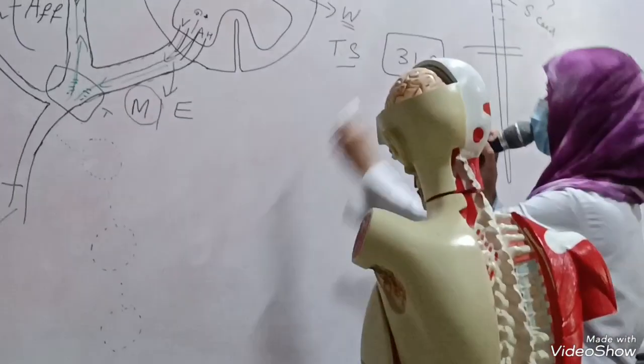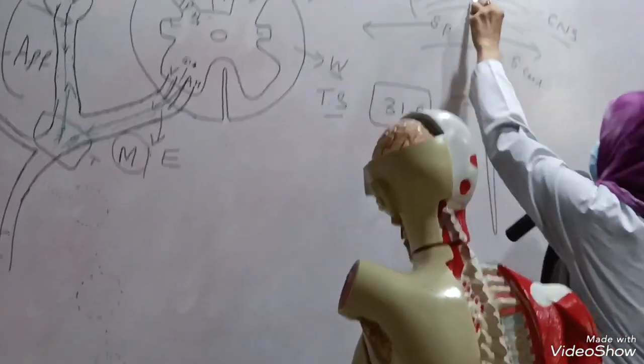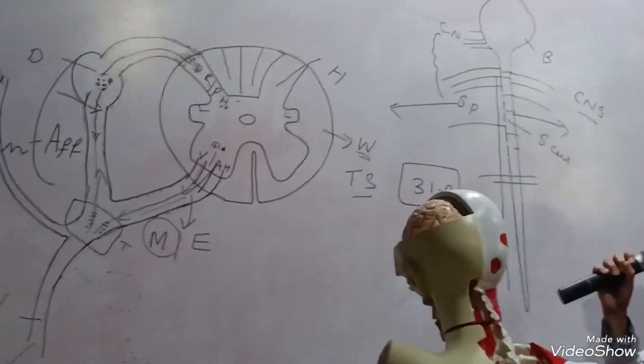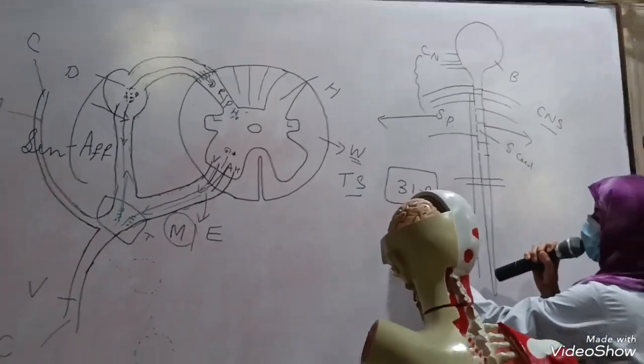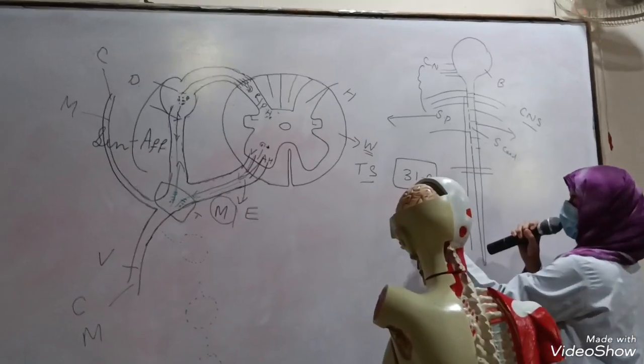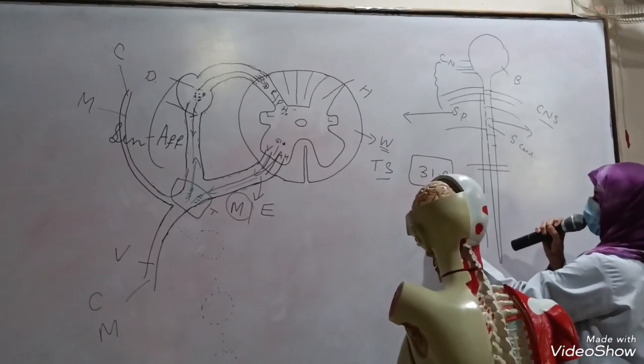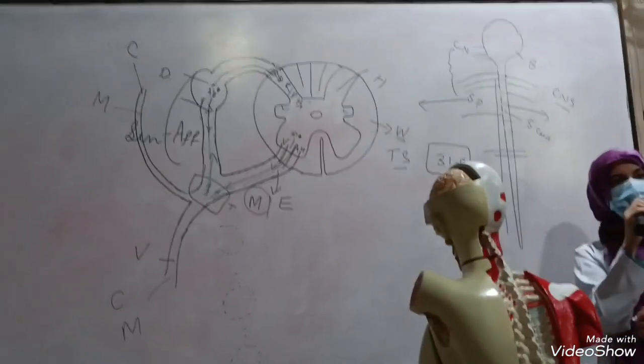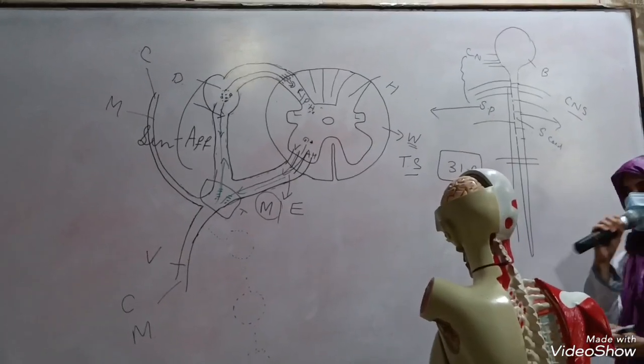Because we have got 31 pairs. पूरे के पूरे यहाँ पे आप देख सकते हो, they are giving rise to these 31. Among these, there are cervical 8 nerves, thoracic 12 nerves, lumbar 5. That makes 31 spinal nerves.